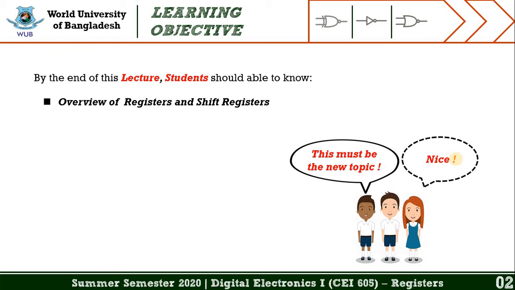After learning, you can describe registers as well as shift registers. Now we need to move into the next slide to explore what kind of topics are going to be covered by this lecture. So let's move into the next slide.